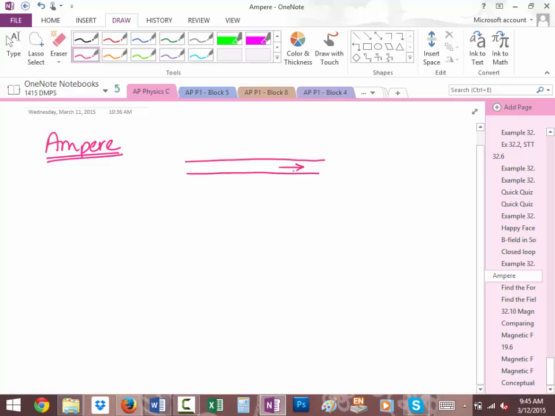If you have this wire with a current going through it, and we get our right hands out, and the current's going to the right, then the field goes into the page below and out of the page above.